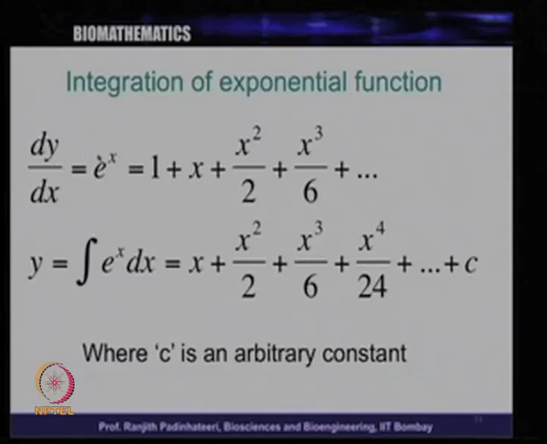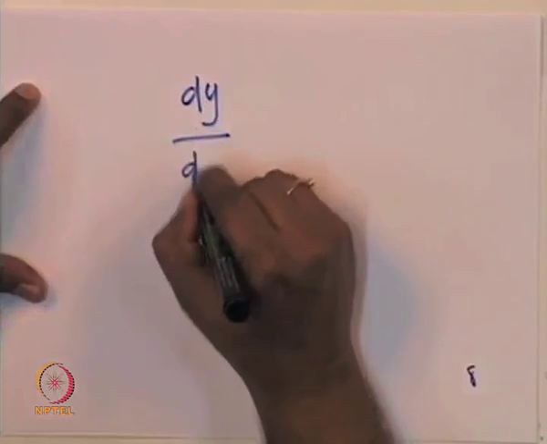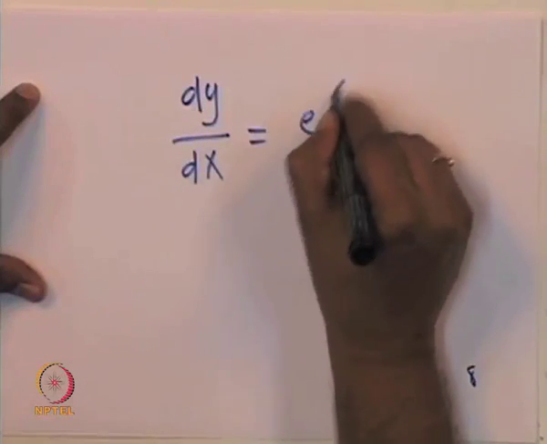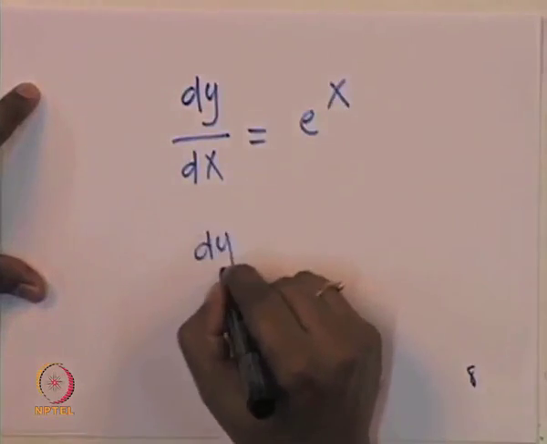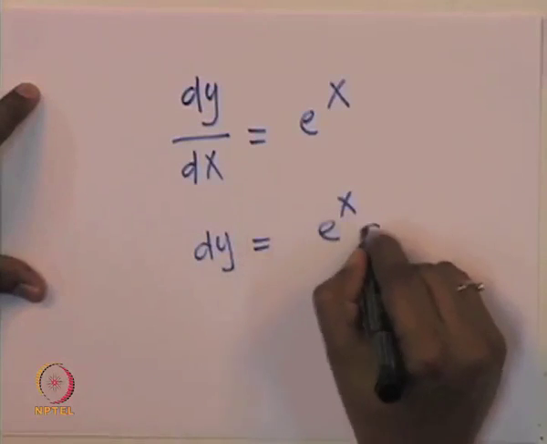From this, we have to find the integral of e power x. So, dy by dx is e power x, dy is e power x dx.